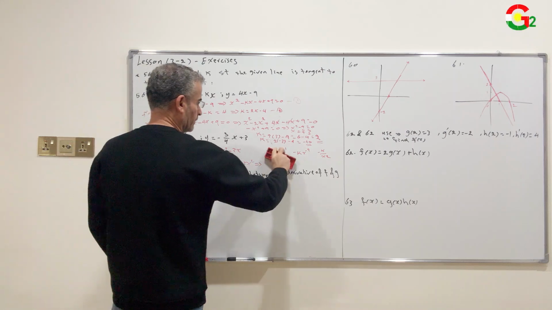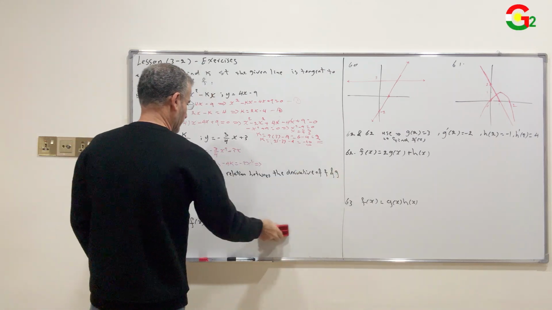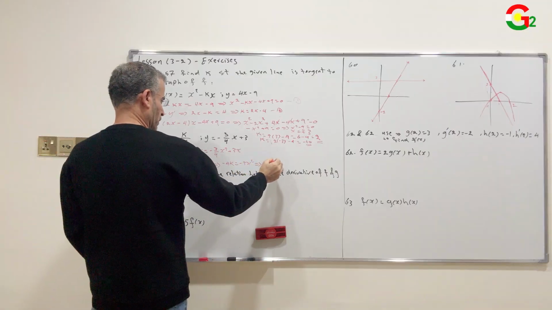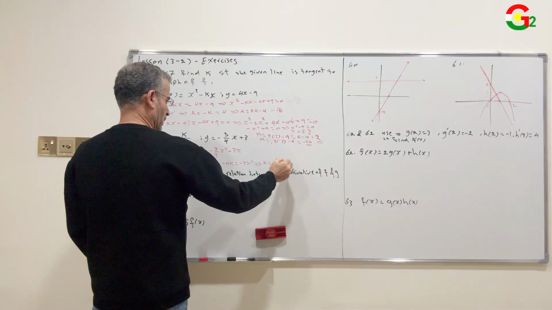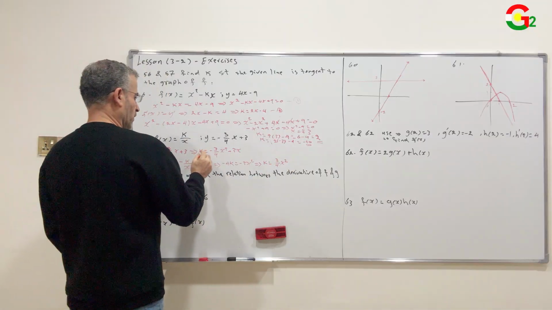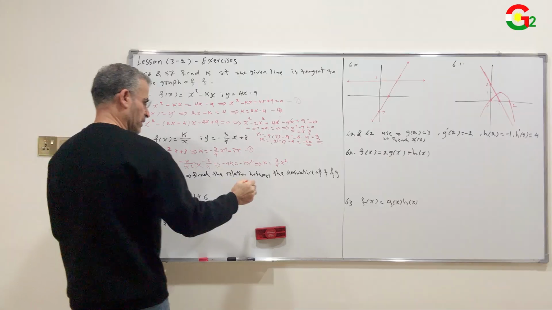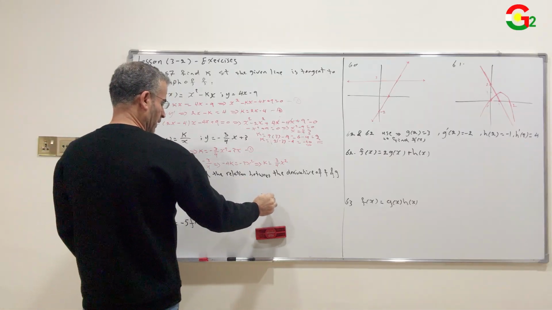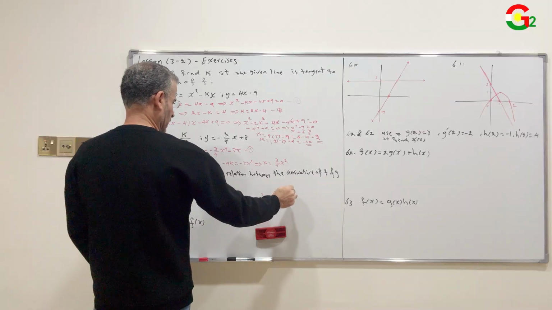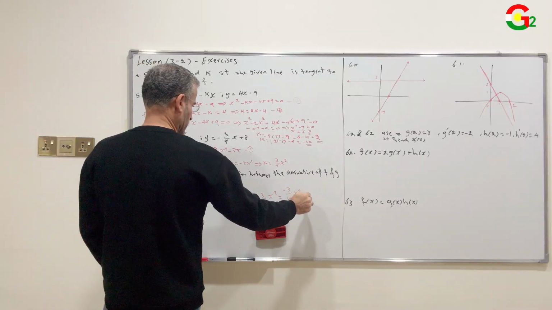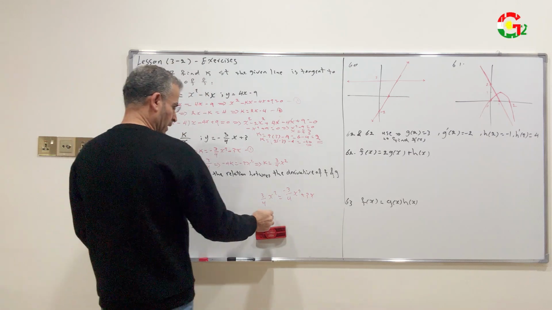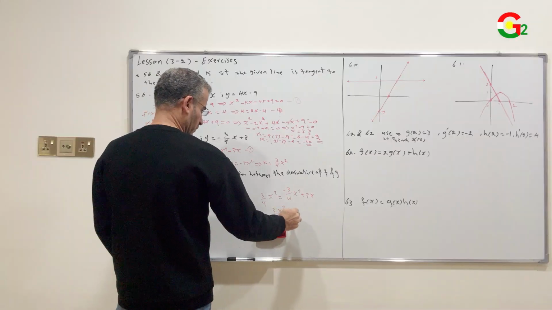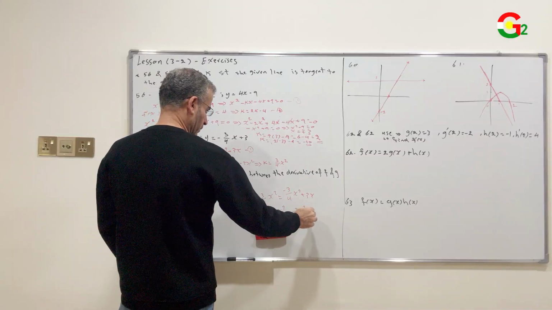Then k equals 3 over 4 x power 2. Substitute the value of k in the first equation. Then 3 over 4x squared equals negative 3 over 4x squared plus 3x, multiply by 4: 3x power 2 equals negative 3x power 2 plus 12x.